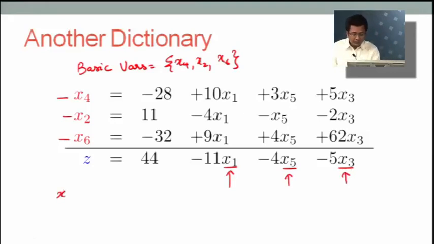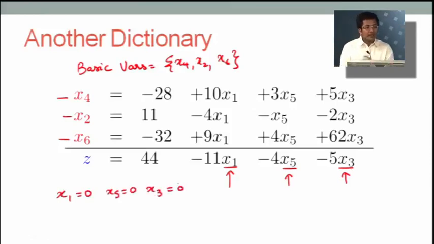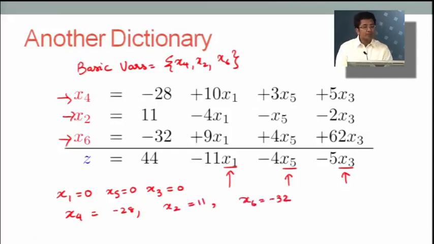Okay, simply x1 is 0, x5 is 0, x3 is 0, because every non-basic variable automatically is zeroed out. What about x4? Okay, so x4 is minus 28. Okay, these are not minus signs, these are just arrows. x2 is 11, and x6 is minus 32.